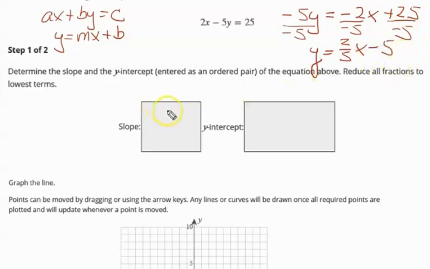So my slope will be 2/5 and my y-intercept. And you could write it as, in some cases, they just want a -5, but the formal way would be 0, -5. You're going to see what the software asks you to put there. I would think in this case, they just want the -5.